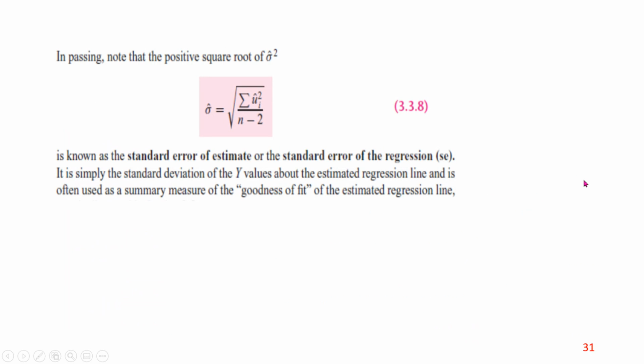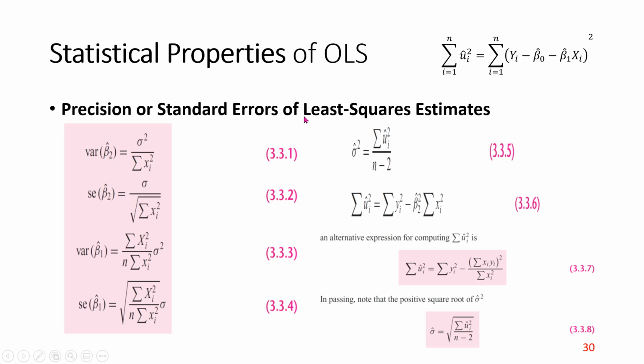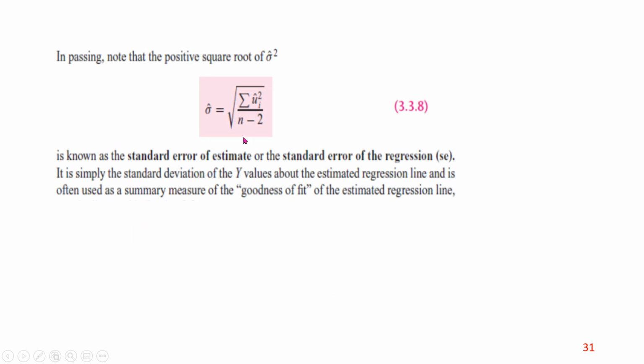If we take the square root of this sigma hat squared, the resultant thing is called the standard error of estimate or the standard error of regression. This is a measure of goodness of fit. The lower the value of the standard error, the higher the precision.